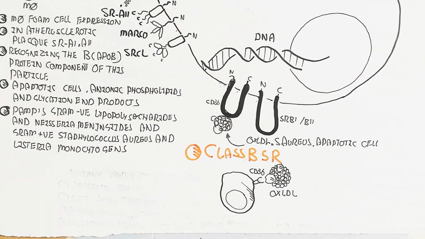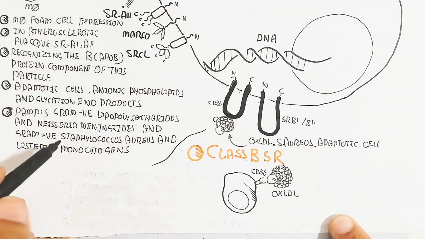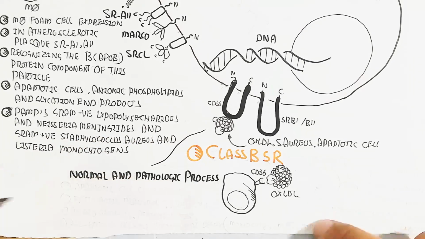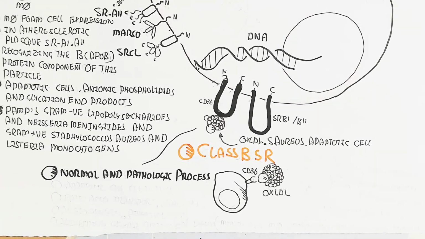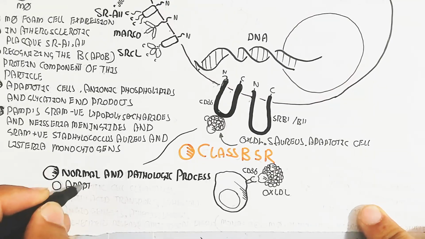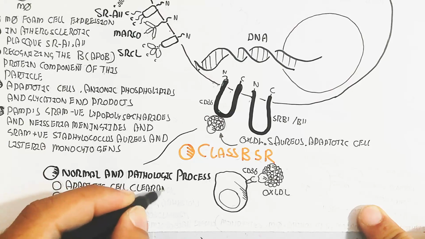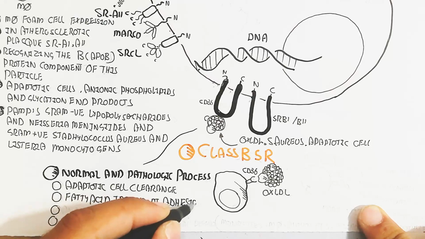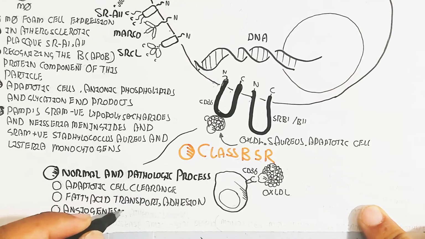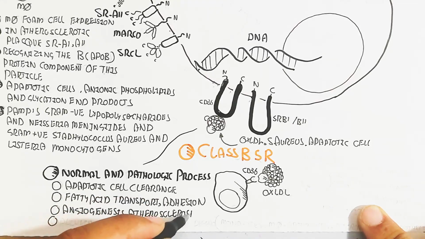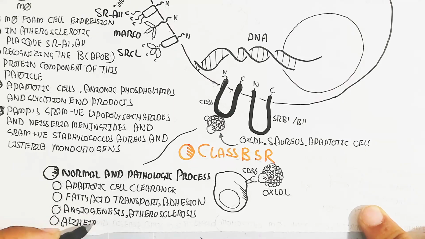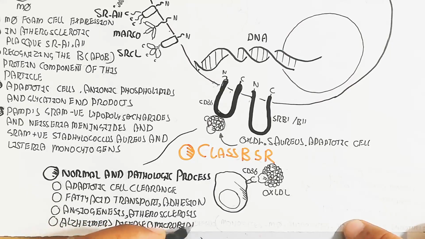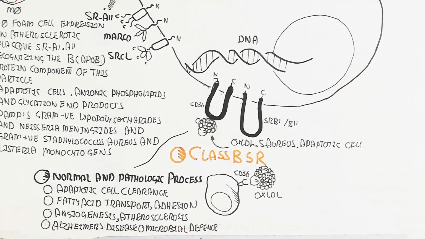The class B scavenger receptor is like the macrophage and contains the CD36 molecule as a receptor, and the oxidized low density lipoprotein will be endocytosed for clearing and decreasing reactive oxidative stress. Normal and pathological processes include apoptotic cell clearance, fatty acid transport, adhesion, angiogenesis, atherosclerosis, Alzheimer's disease, and microbial defense.